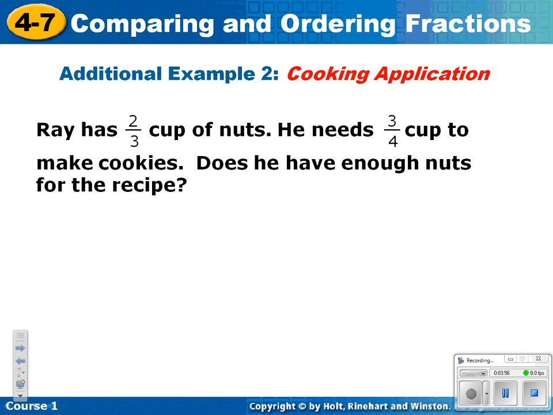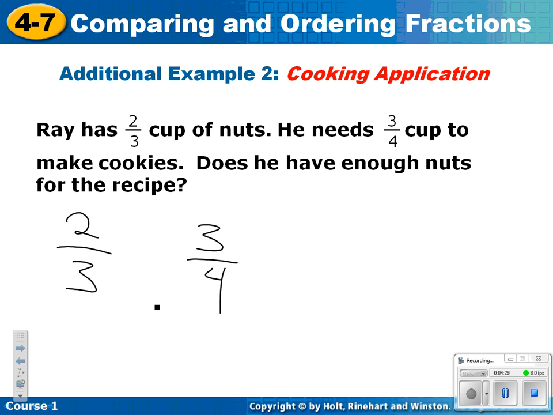But there is going to be some math involved in order to figure out whether it's yes or no. So we have these two numbers. We have to compare 2/3 to 3/4. Well, there's a problem. I can't compare those two because they do not have a common denominator. What can we multiply 3 by to get a common denominator for 3 and 4?